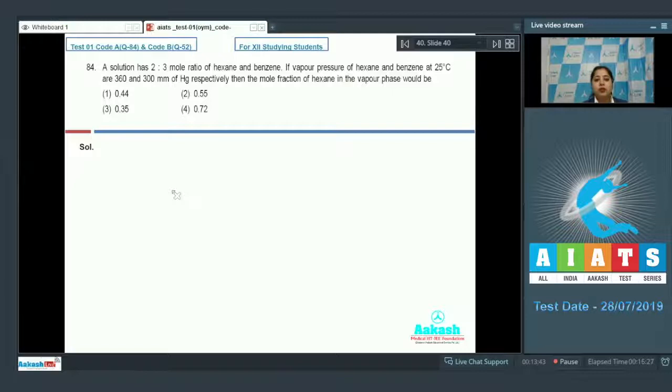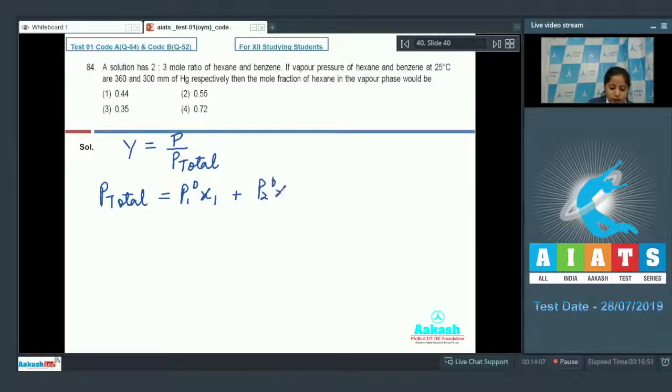For calculating the mole fraction of any component in the vapor phase, the formula used is the vapor pressure upon the total pressure. To calculate the total pressure, the formula used is P1 naught x1 plus P2 naught x2. The values are given.